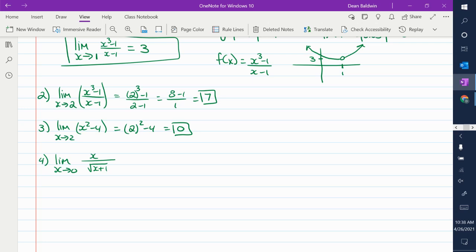The top becomes 0. 0 divided by anything is 0. So it's just 0. Yes, any number less than -1 is excluded, but 0 is not in that domain, so we're fine.